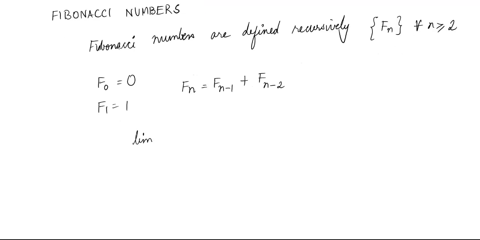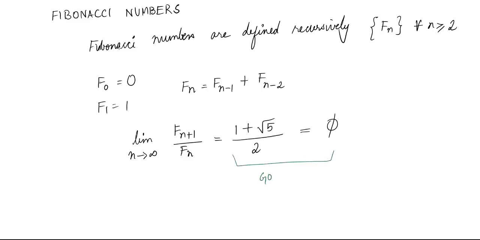So if you took the ratio of f_(n+1) over f_n, if you did the computation, you get what is called the golden ratio, 1 plus square root of 5 over 2. The golden ratio is denoted by the symbol phi, and this one is called the golden ratio.